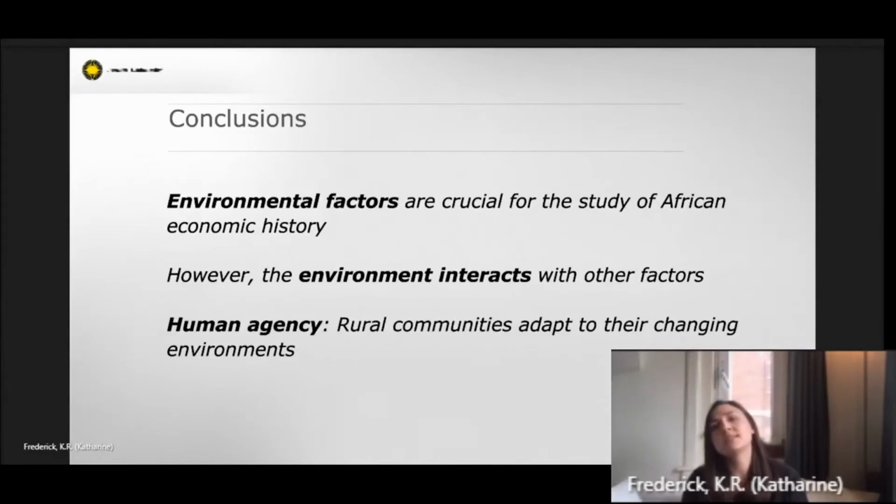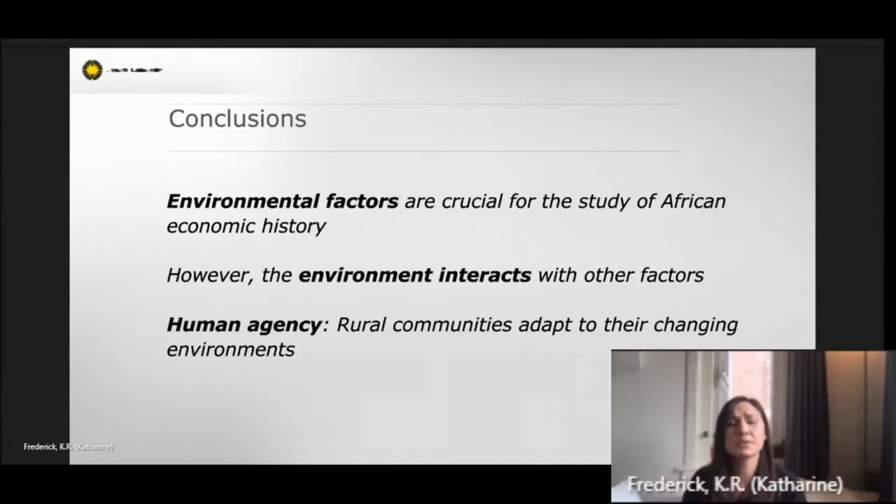However, the environment does not strictly determine historical trajectories. Instead, it interacts with a number of other factors. So we've seen in the case of the Lower Shire Valley that slave raiding, for example, depleted the region's labor force, and this played a role in altering household production choices within the context of these altered environmental conditions.